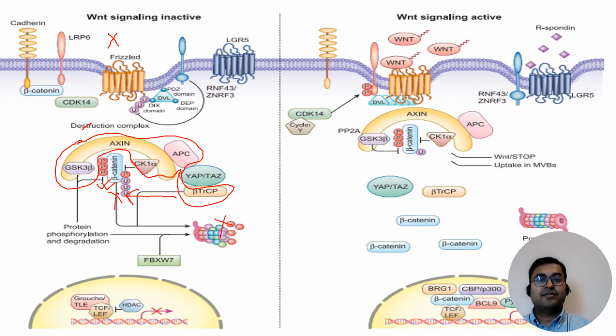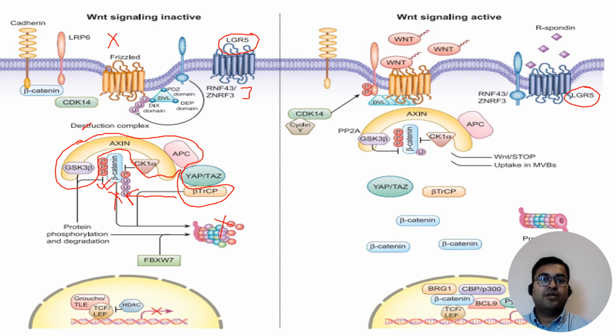But other than this, there is another component which we'll try to understand here. So we have a receptor called LGR5, and we have proteins called RNF43 and ZNRF3.